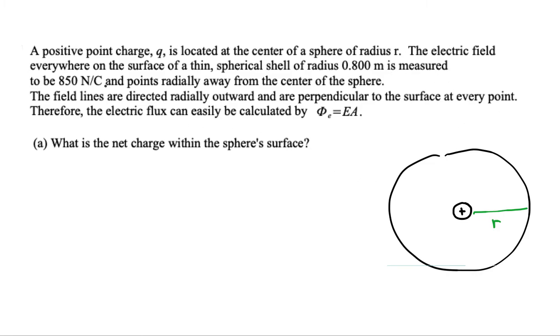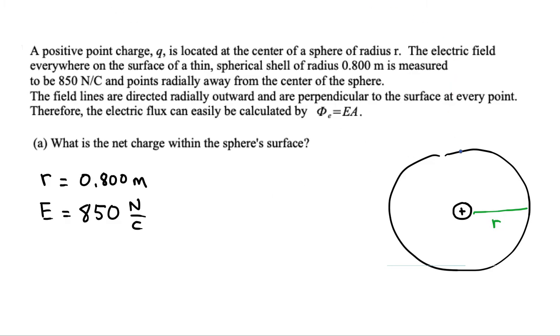In this problem, the radius is 0.8 meters. And it also says that the electric field is measured to be 850 newtons per coulomb on the surface of that sphere.